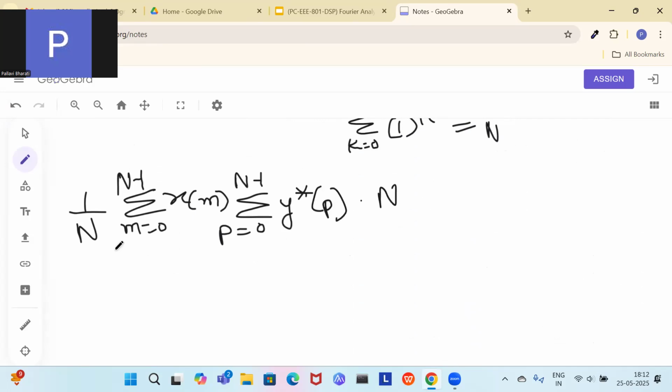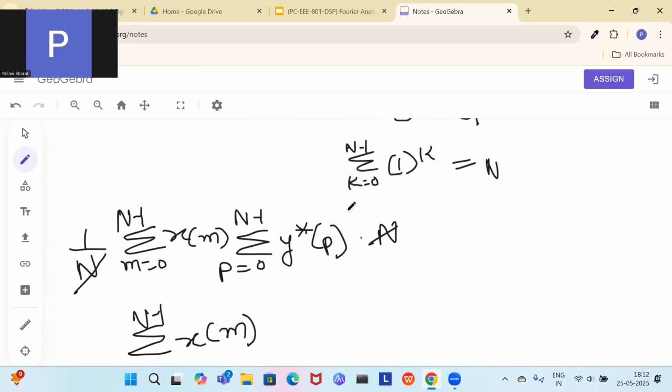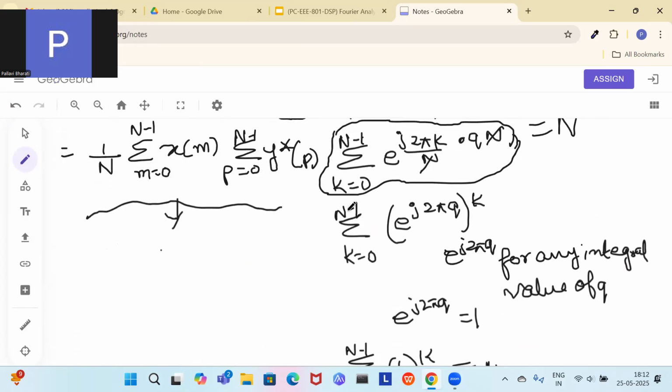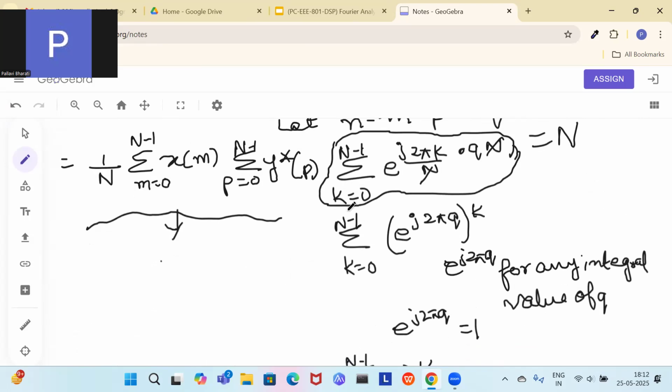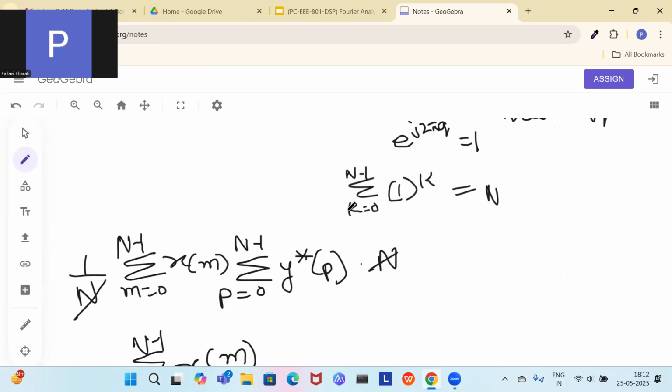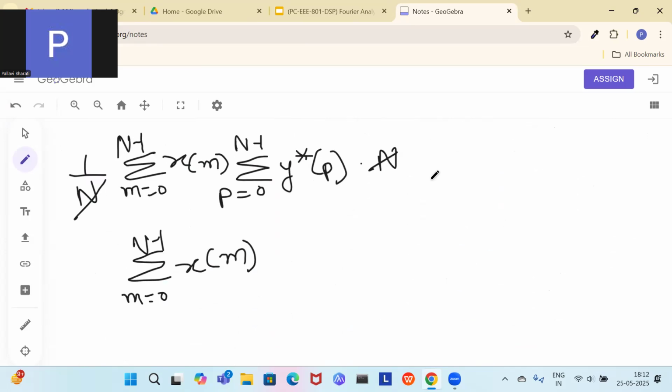into N. Now this p over here, since we will try to convert it into one summation itself, m equals 0 to capital N minus 1, x of m is okay. Now this p I will convert in terms of n, m and N. So here we had n minus m minus p is equal to qN, so I can write it as n minus m minus qN is equal to p.